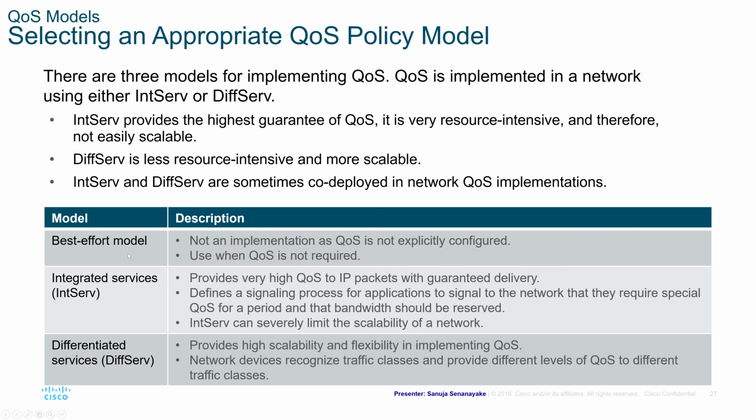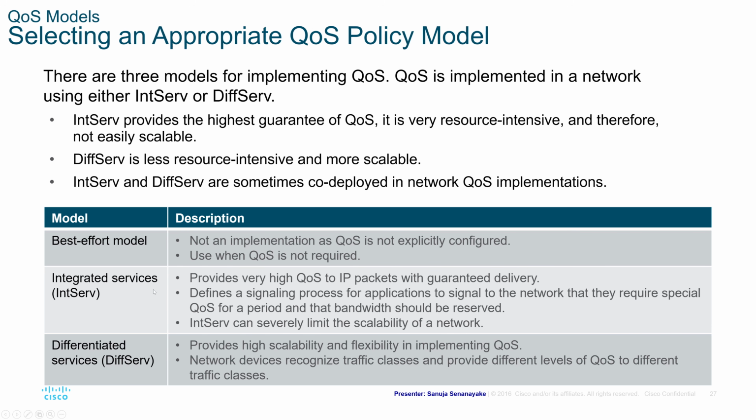Whichever packet gets into the ingress interface first is going to be the first one out on the egress interface. So that is called the best effort model. It is not an implementation of QoS as QoS is not explicitly configured. That's very important, this might show up on your exams. They could ask, is the best effort model a QoS model? Well, not really, because it doesn't have QoS implemented at all.